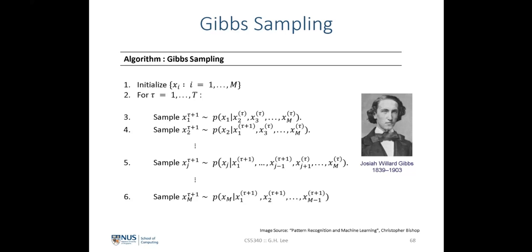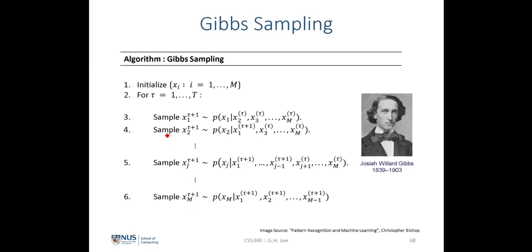We first initialize all the random variables xi, where i equals 1 to m, the m number of random variables, to certain random states. Then we sample t number of times, where we generate t samples for x1 all the way to xm.